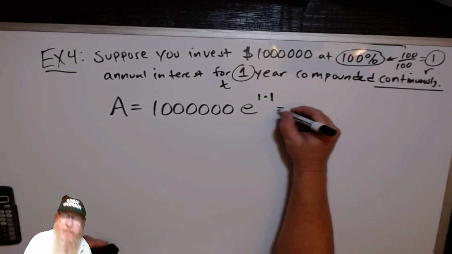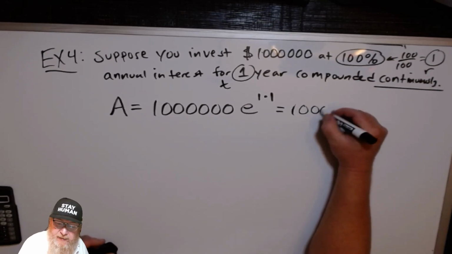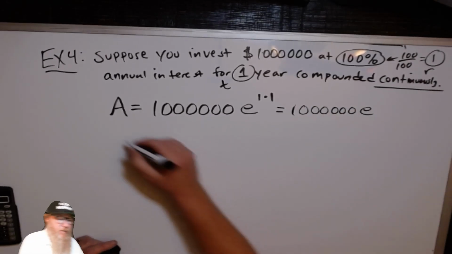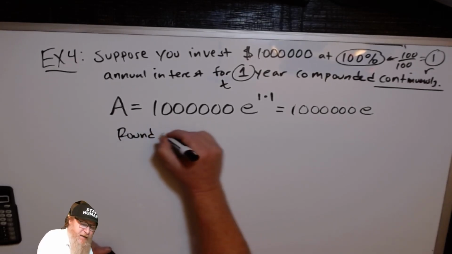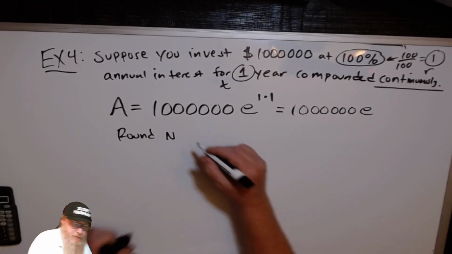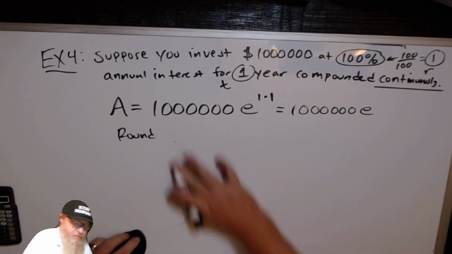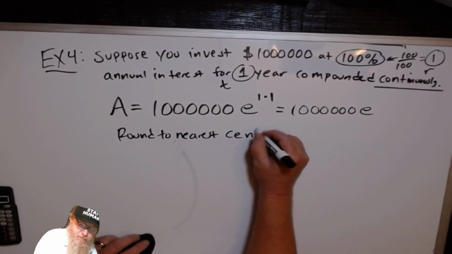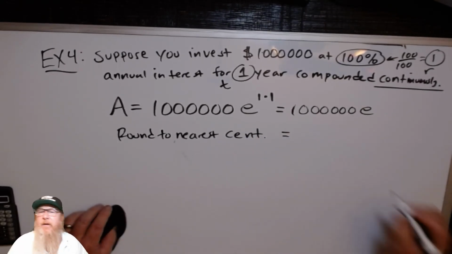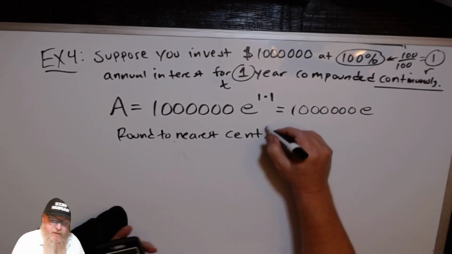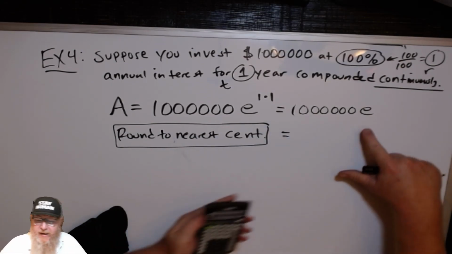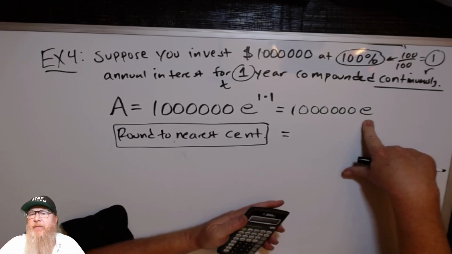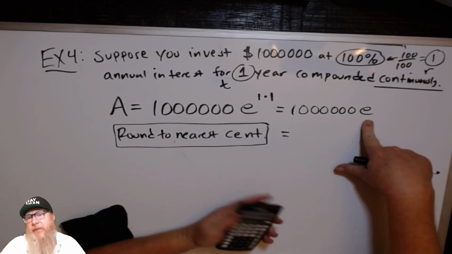So this is going to be 1 million E. Let's round to the nearest cent. The exact value is 1 million E. If I asked for the exact amount, it would be 1 million E.